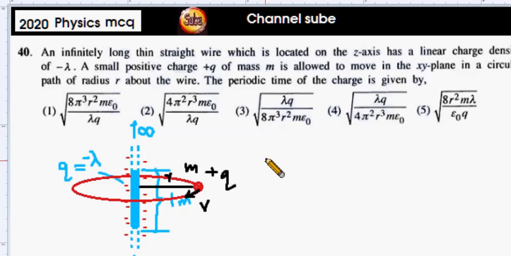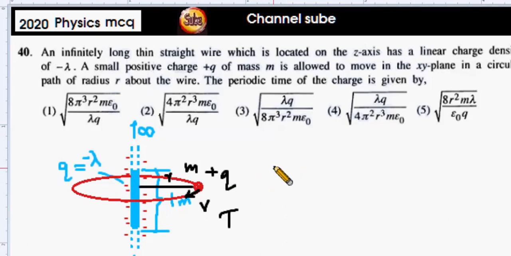Then to find out capital T of this particle, we have to go to mechanics, because the time is determined by the velocity and the length of the path. The path is this red line, so we have to go to mechanics.